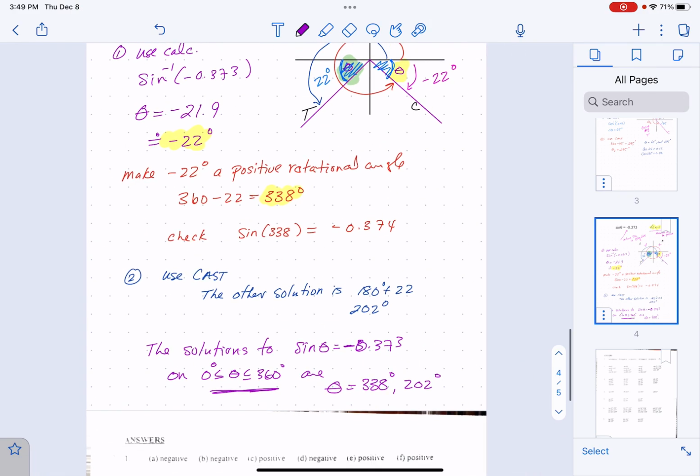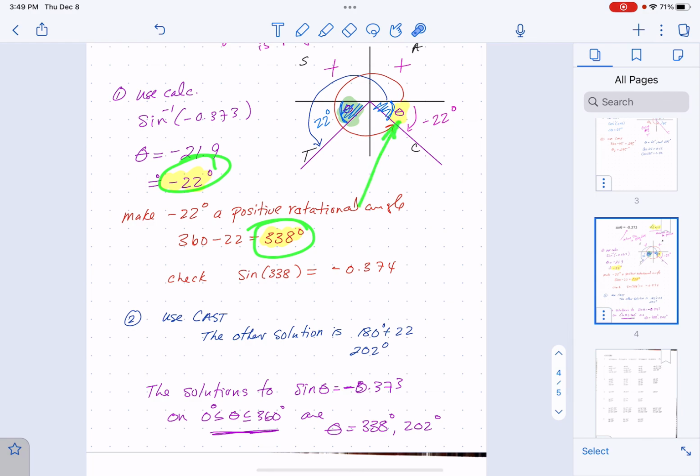And please remember that this negative 22 and this positive 338 are the same answer, just written differently. But 202 and 338 are different answers, definitely. One's in quadrant 4 and the other one's in quadrant 3.